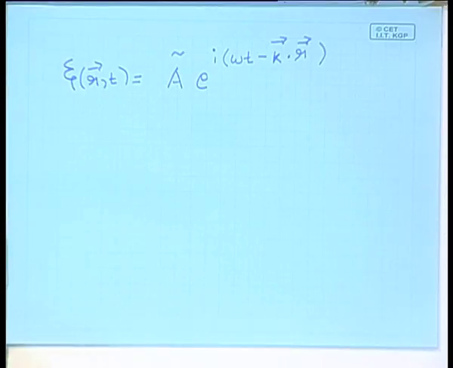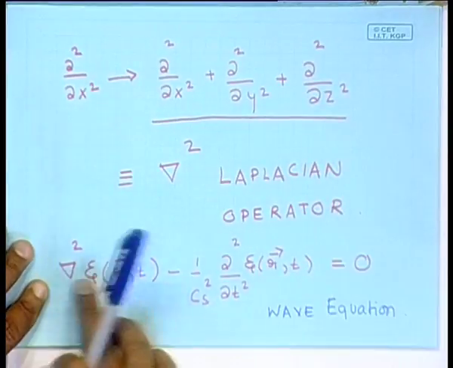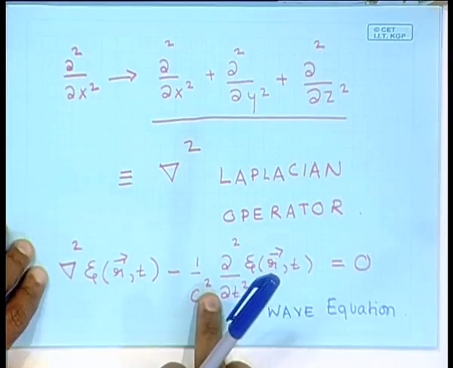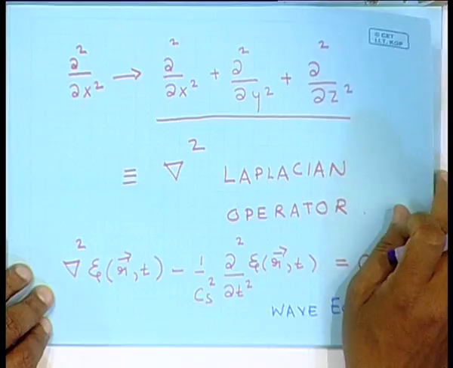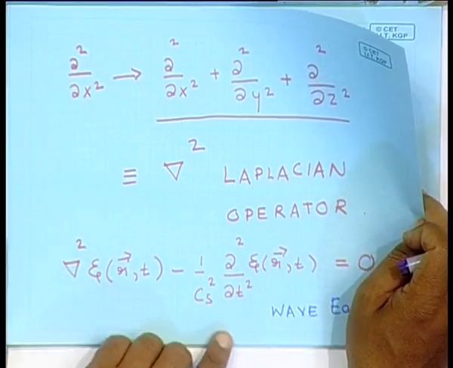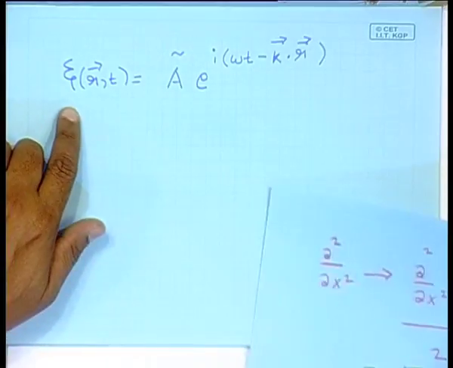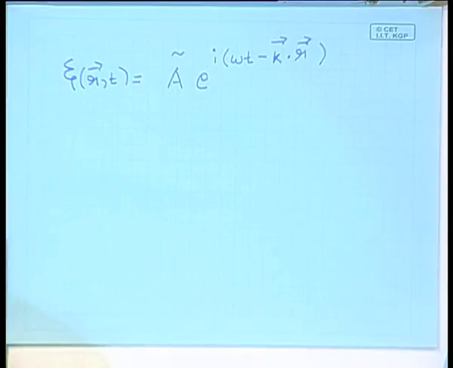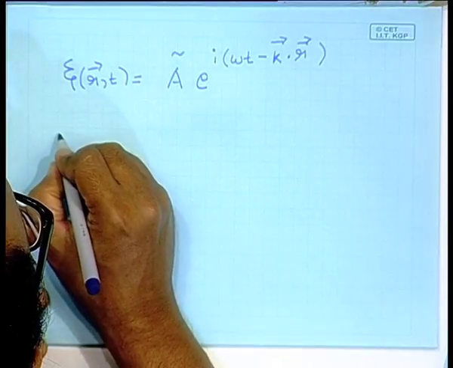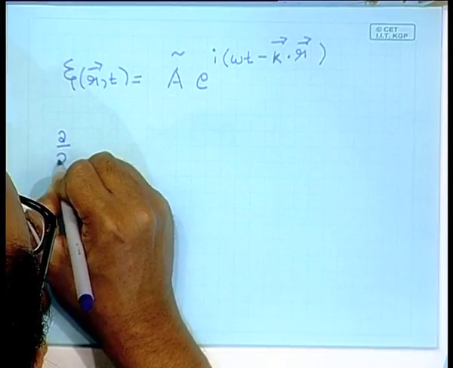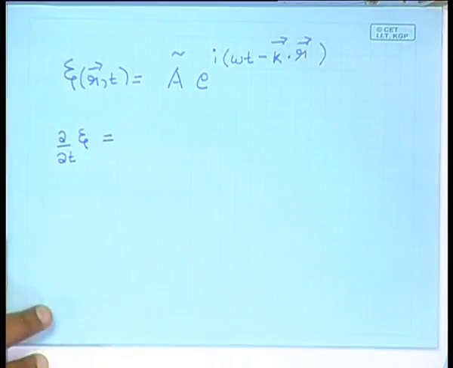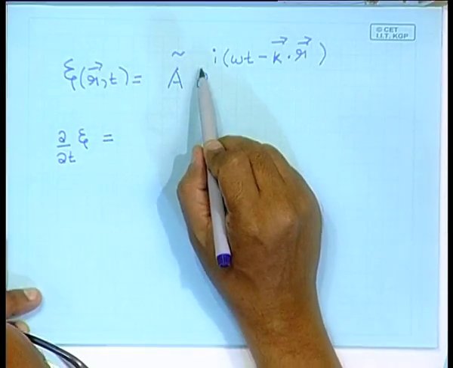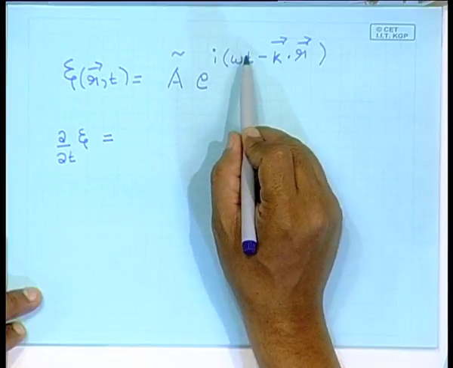Now, let us check whether this is actually a solution to the wave equation which we have just derived. This wave equation governs the evolution of disturbances in that elastic solid. So, let us first calculate the time derivative of this function. If I differentiate xi with respect to time once, you basically differentiate the e to the power I omega t with respect to time.